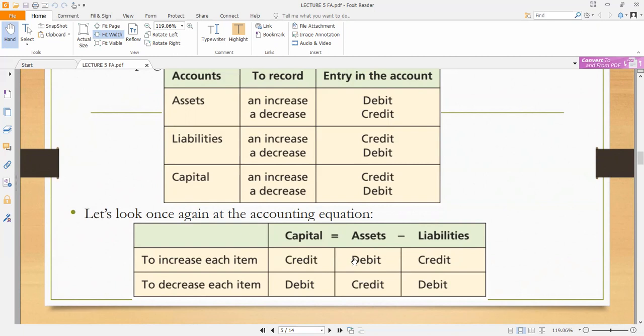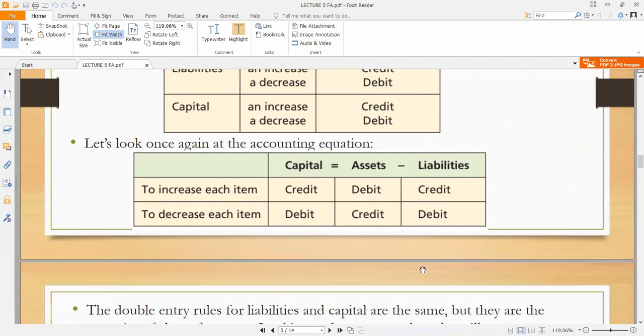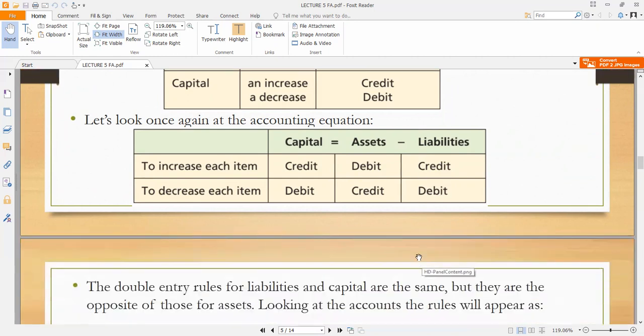Now, to decrease each item, when we take away an amount, it is debited. When we sell the asset, money comes in, we are credited. Then liability, we are debited because we are paying back the loan. A very simple concept. So I know, being a lay person, it may be a bit difficult, but just try to study around.